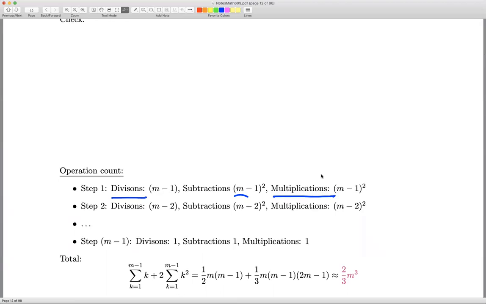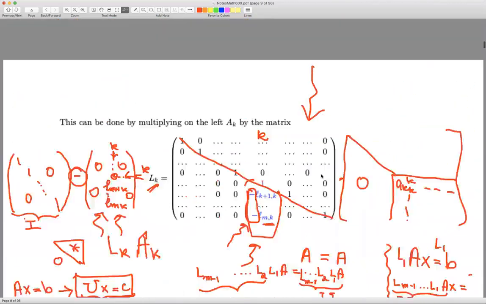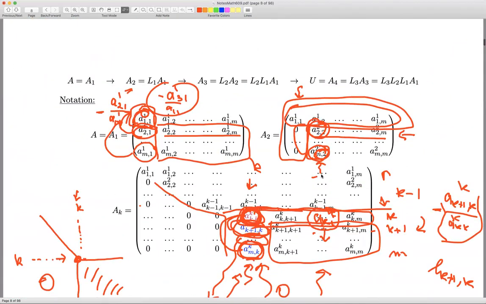So if we look at the first step, what did we do in the first step? In the first step, we basically computed all the L's for the first column. To compute all the L's for the first column, we had to divide this number by the corresponding pivot element, the next number by the corresponding pivot element, and so on, the last number by the corresponding pivot element.